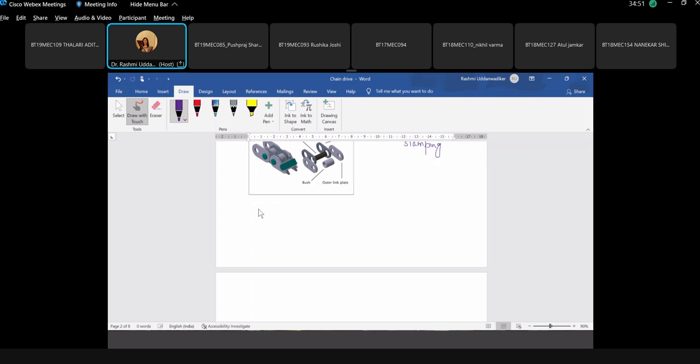Vedant? Yes, please. Bharti, Prabhat. What is our key consideration in design? Shantanu?